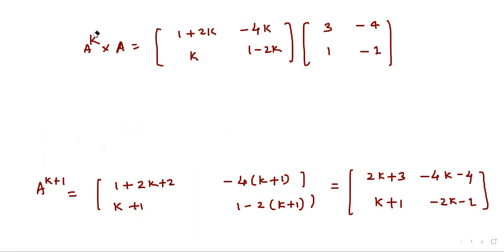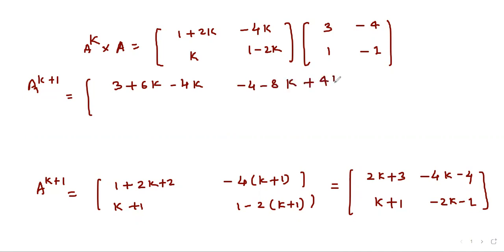So A^(k+1) equals, this will become 3 plus 6k minus 4k. From here it will become minus 4 minus 8k plus 4k. And this will become 3k plus 1 minus 2k, and this will become minus 4k minus 1 plus 2.